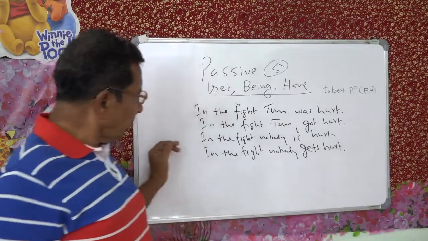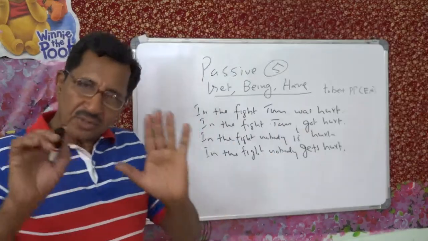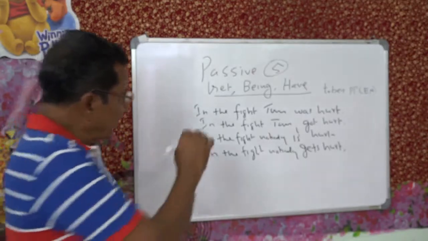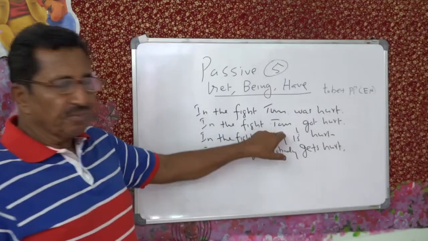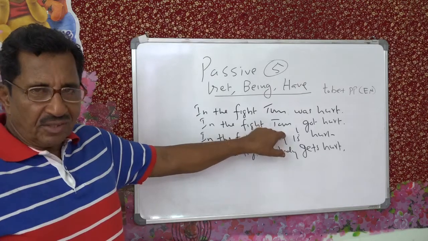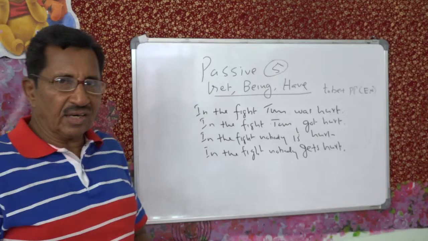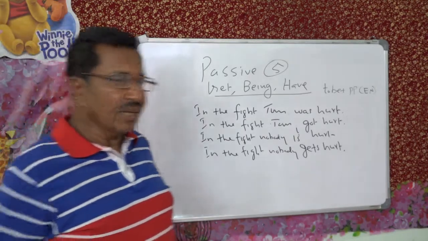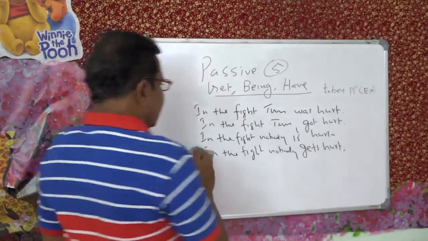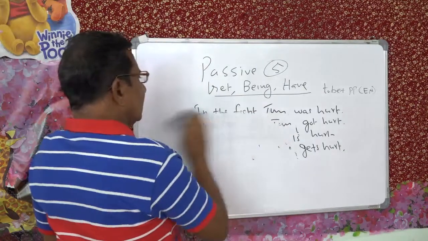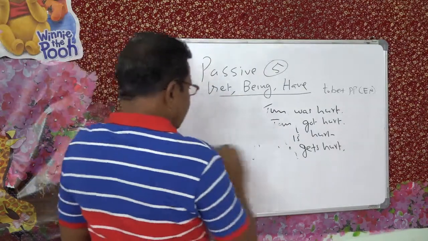Instead of saying in the fight Tom was hurt, which is also correct, when the subject is affected, subject meaning the person who is suffering here, you can write Tom got hurt. I think that looks better in informal situations.